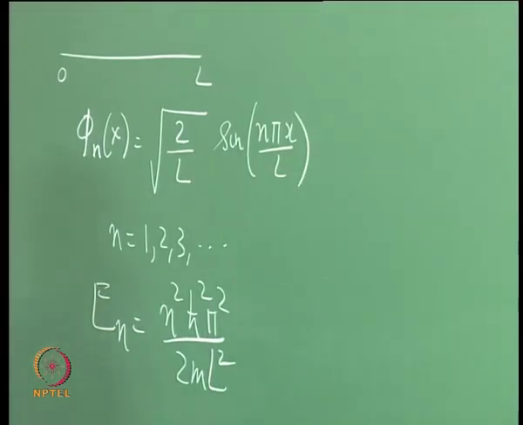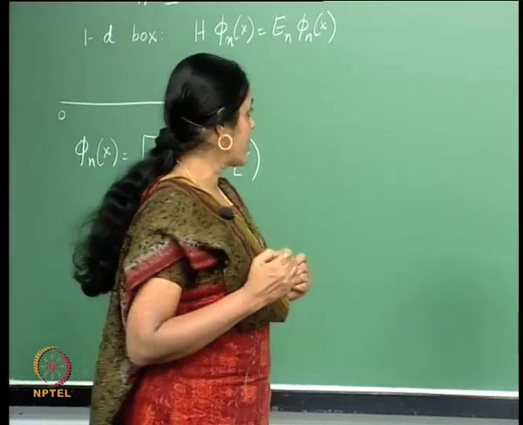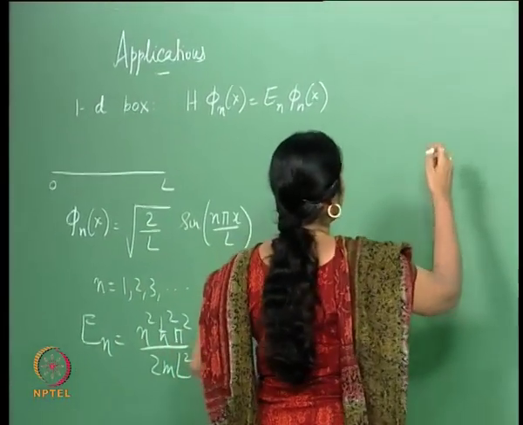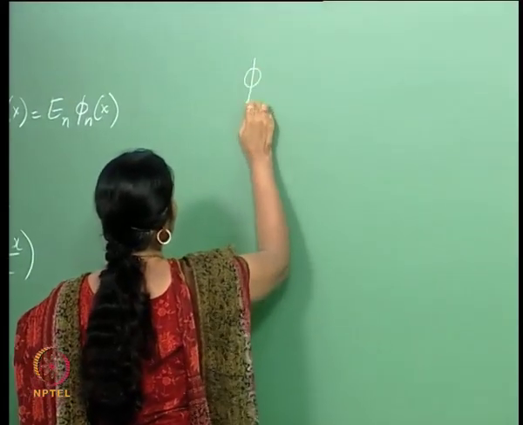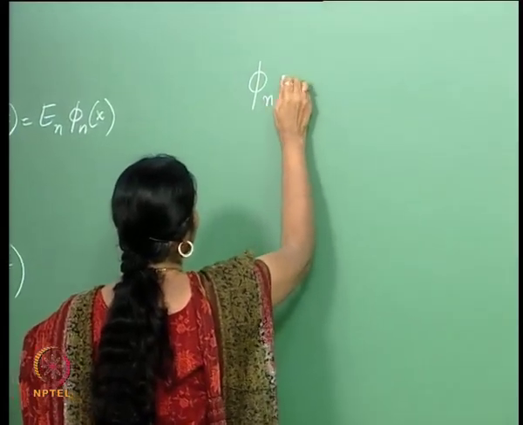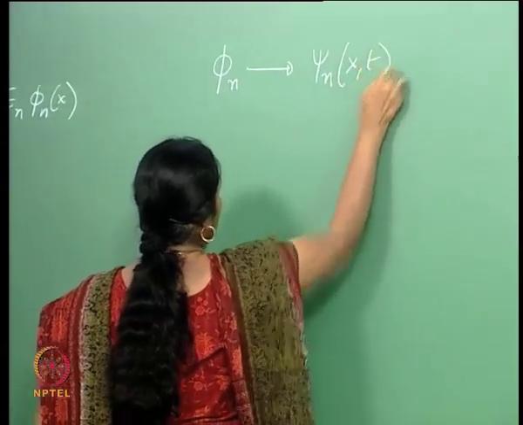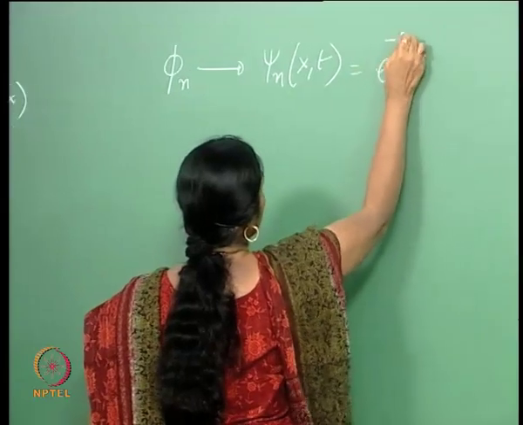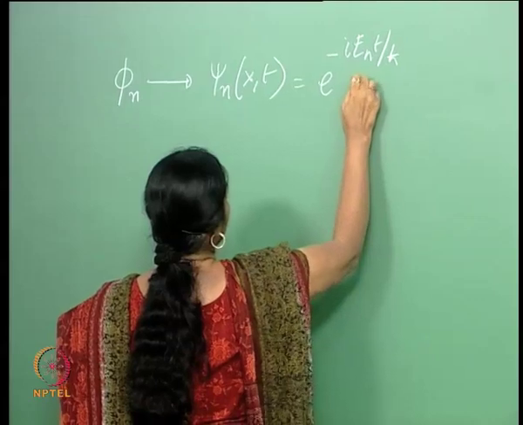So, these are the energy eigenvalues, and since these are eigenstates, the manner in which they evolve with time is very simple. Phi n goes to psi n of x t with time, which is e to the minus i E n t by h cross times phi n of x.